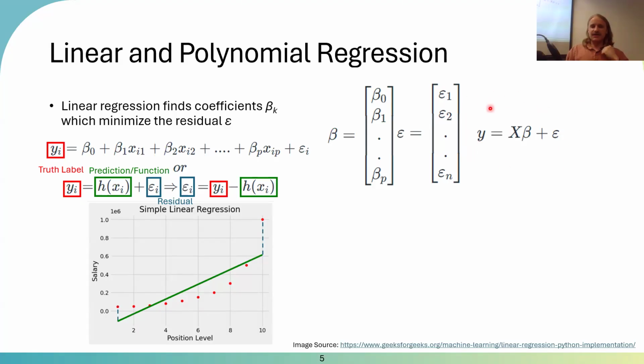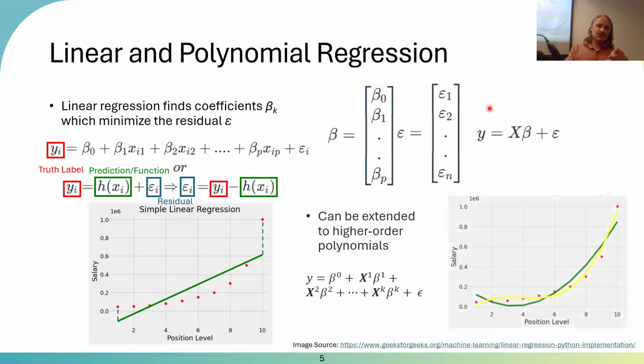This product here of x times beta is linear because we're only considering the first order values of this x, but this can then be extended to polynomial terms, where we can choose some higher order polynomial of order k, where we just continue this process with the superscripts of this beta, which is just referring to the coefficients corresponding to a certain order of our x.